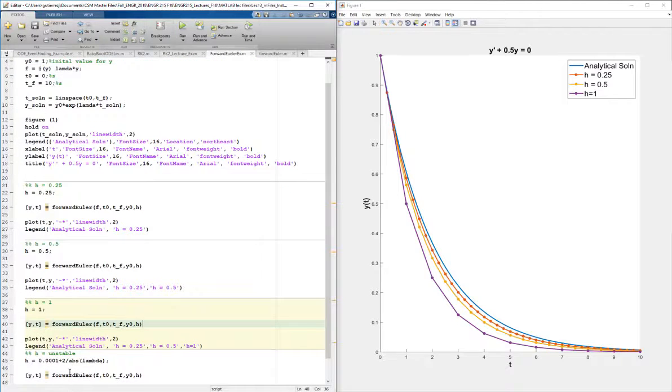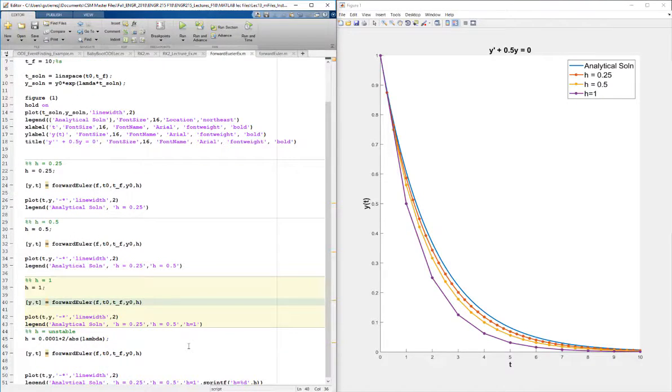And finally, we developed our stability criteria, where the maximum value for our delta t was 2 divided by the absolute value of lambda. So if we add a small amount to this number, we expect the solution should become unstable.